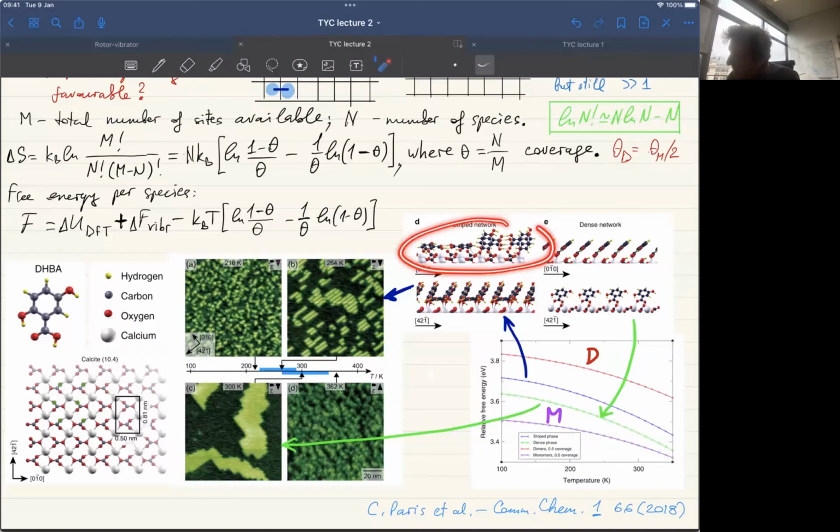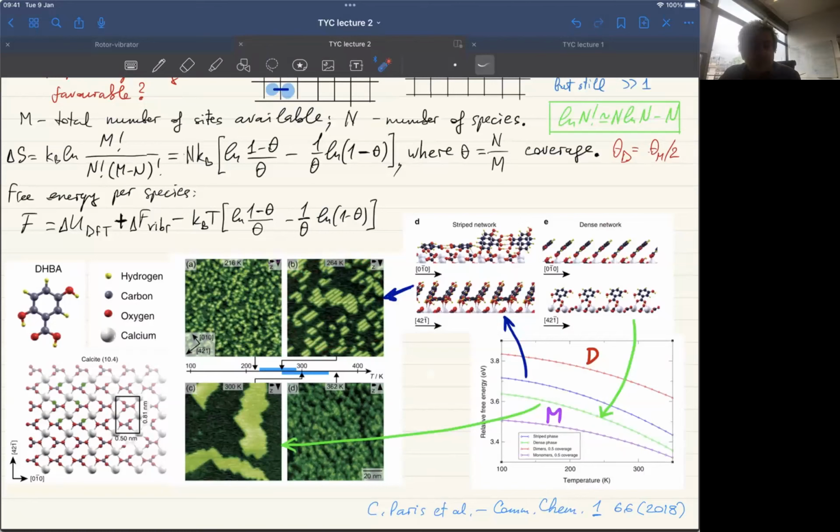There's a side view from one angle, side view from another angle. However, when you heat the surface, these striped networks develop into a different structure, which we called dense network, in which the molecules are all standing up vertically at some angle, but basically vertically on the surface.